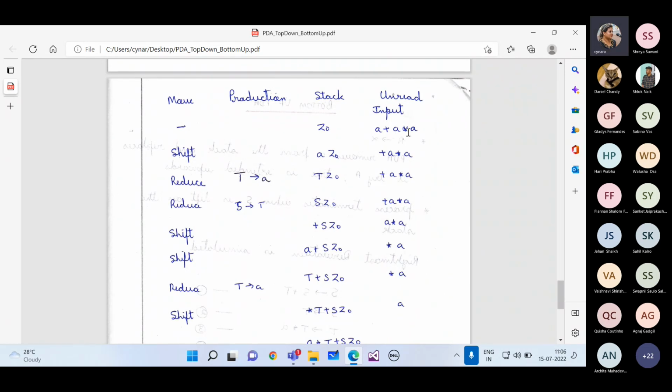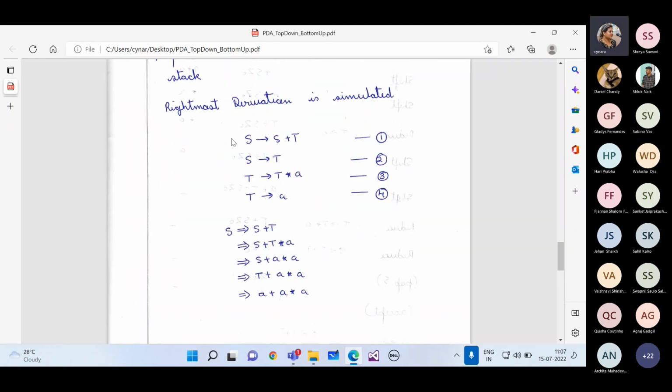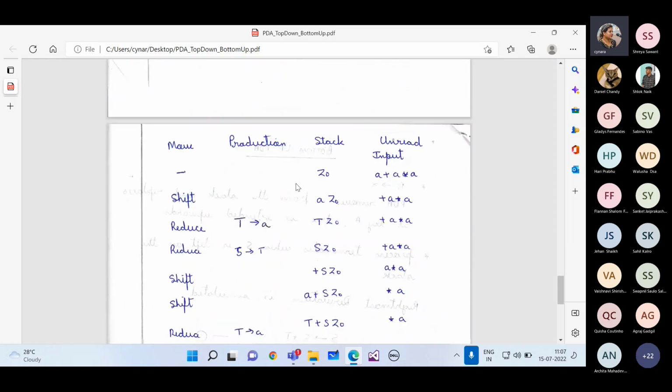This is the input which is copied from the previous row. Now this T, I can replace with S, S giving T. That's the second production.